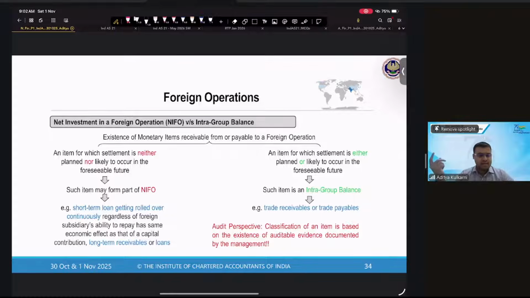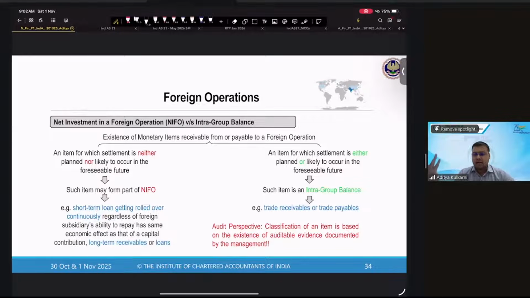So tell me one thing. Is this really money that is going to come back? Or is this something which has more equity characteristics? It has more equity characteristics, more like equity with the name of a loan.